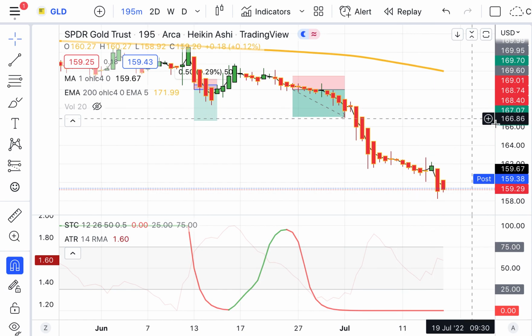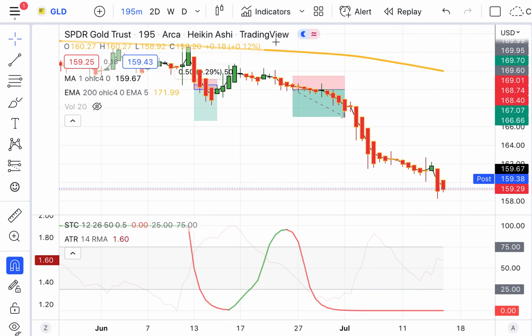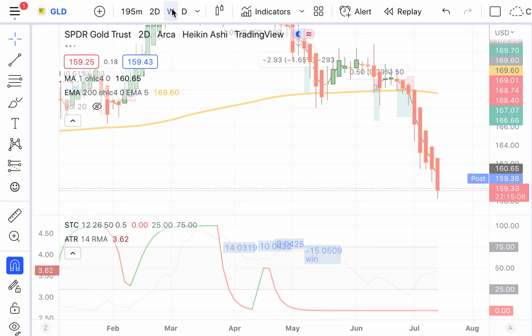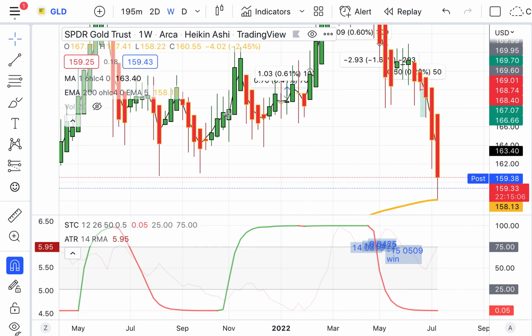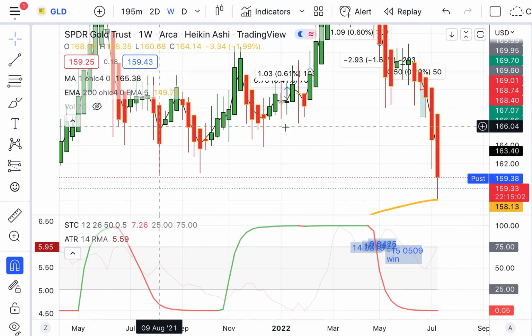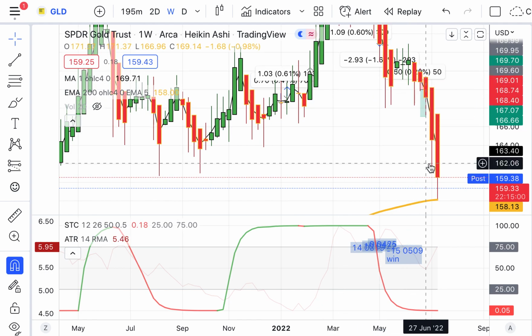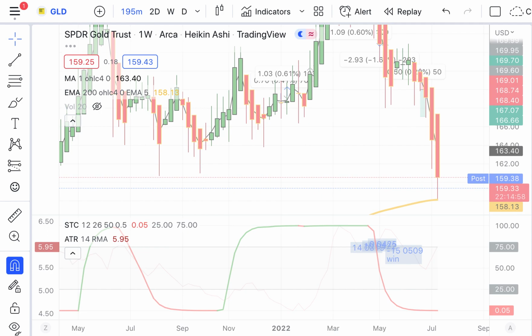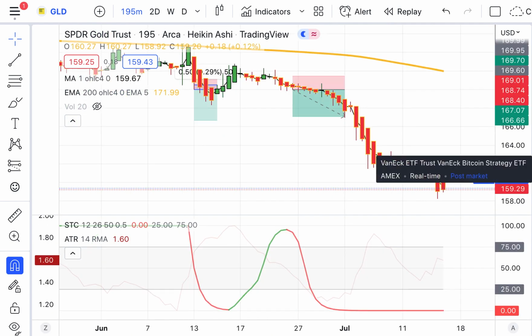We'll see how low gold goes, but that is where it is right now, down on the STC on the half day, of course down on the 2-day, pushed through that 200 EMA a while back, and touching the 200 EMA on the weekly and down going into the 5th week on gold. So that precious metal not doing so hot right now.